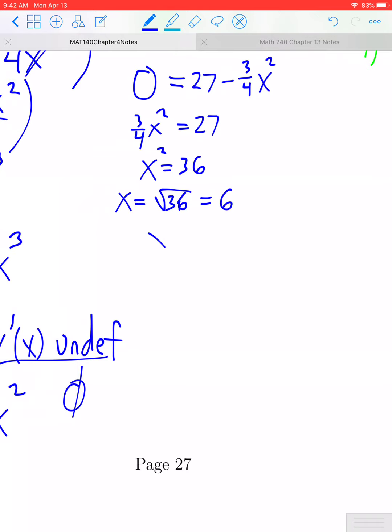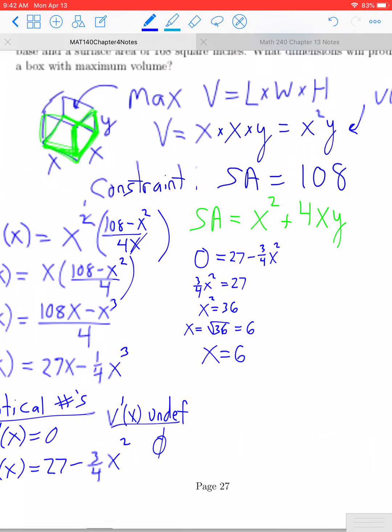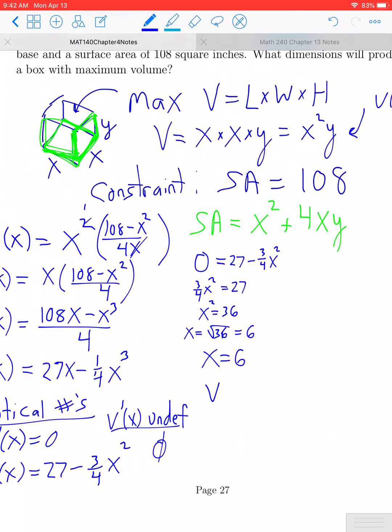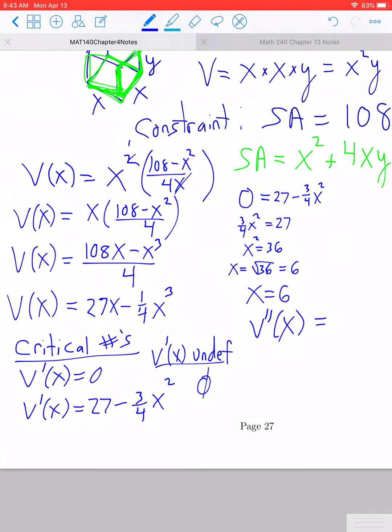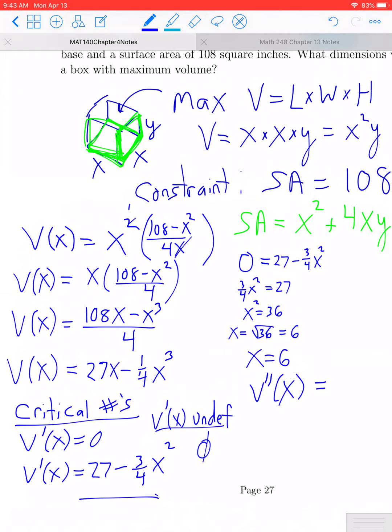To check to see whether this is a maximum or a minimum, let's go ahead and do the second derivative test on this one. If I calculate v double prime of x, here's my first derivative. If I do the derivative of this function, the derivative of 27 is 0.